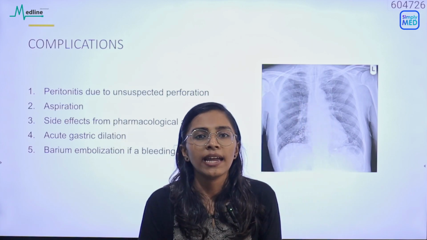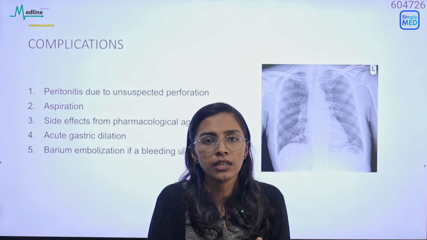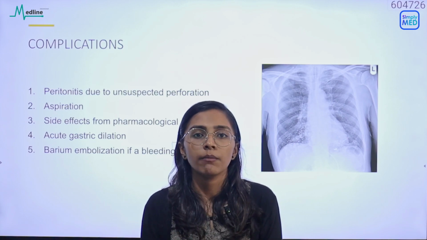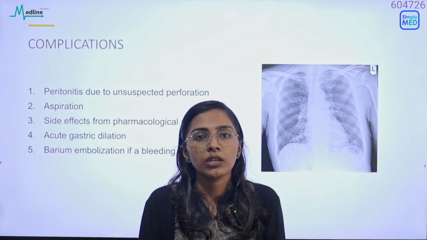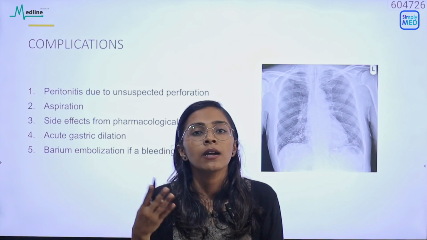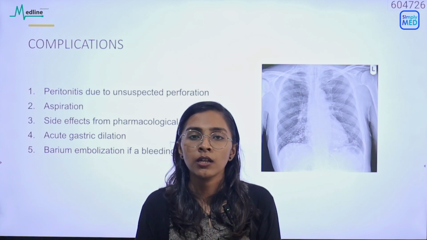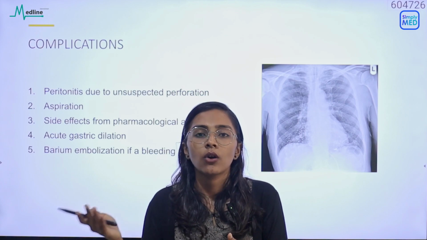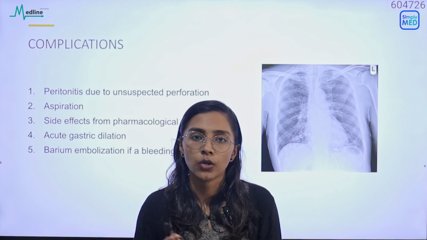We know that if a patient has a perforation, it is a contraindication to a barium meal study. But suppose there was unsuspected perforation and we did a barium meal study; it will cause a chemical peritonitis.